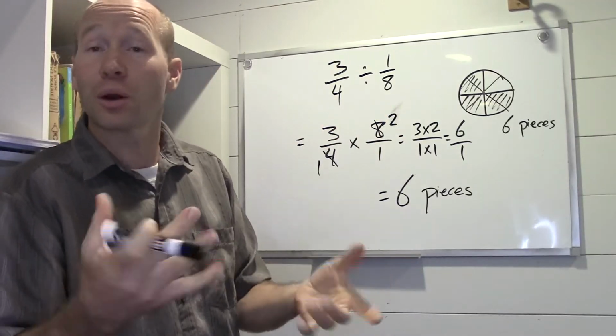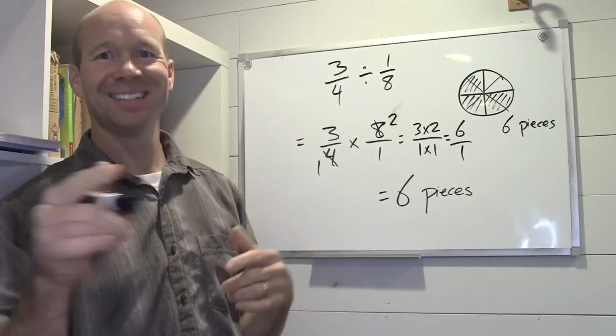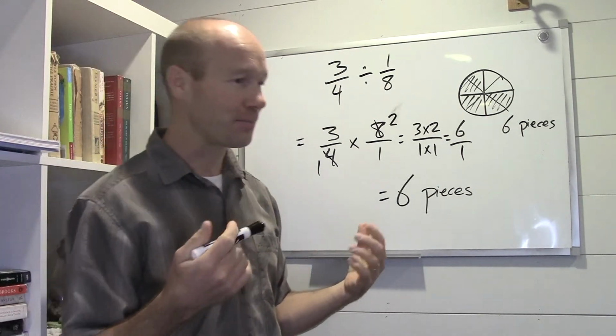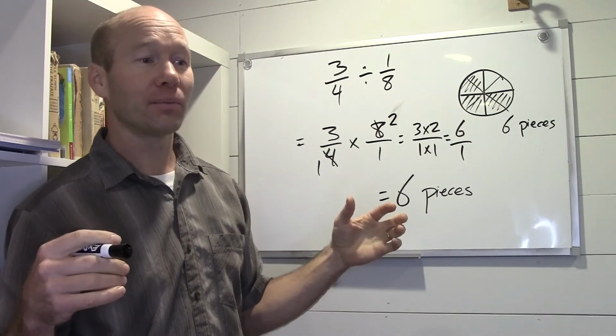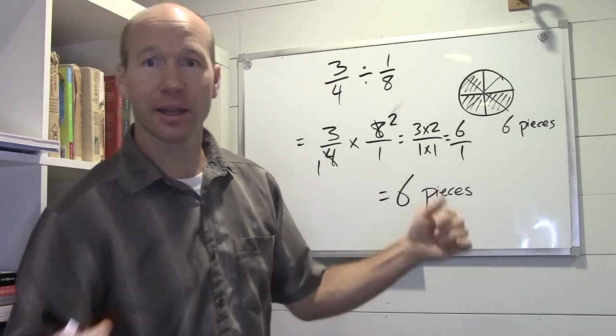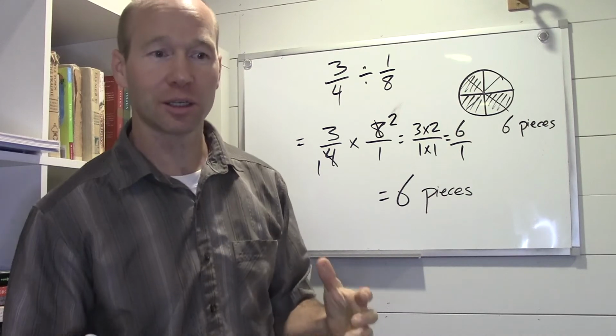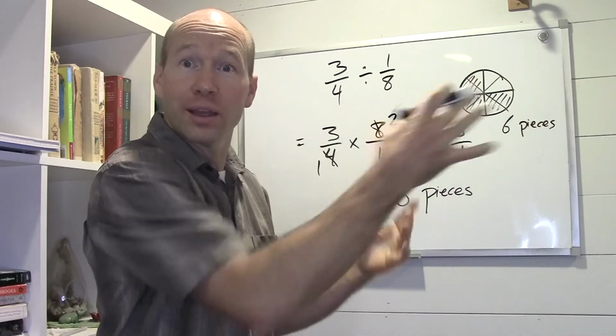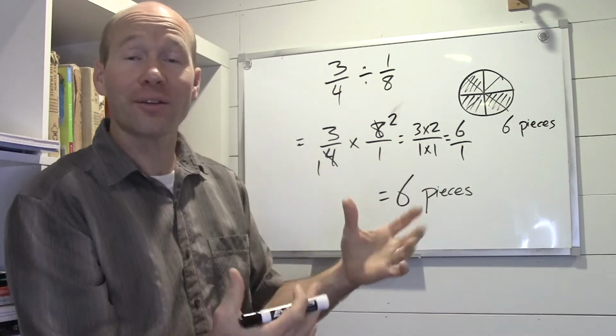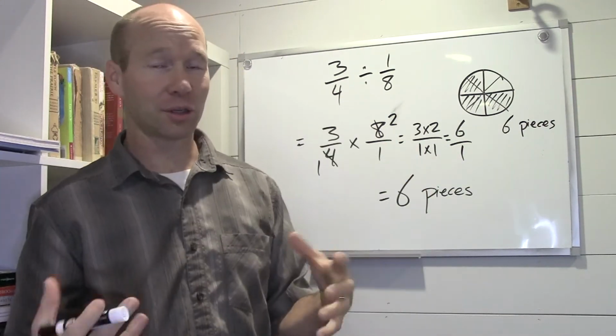That's perfectly fine. If you want to write a story about pie, you can do that just like I did. Write a story about dividing a football field into pieces of a football field. If you were running halfway down, so 1/2 divided by something like that.